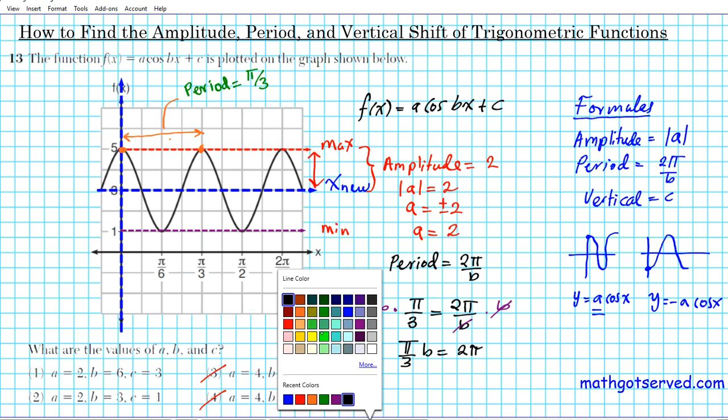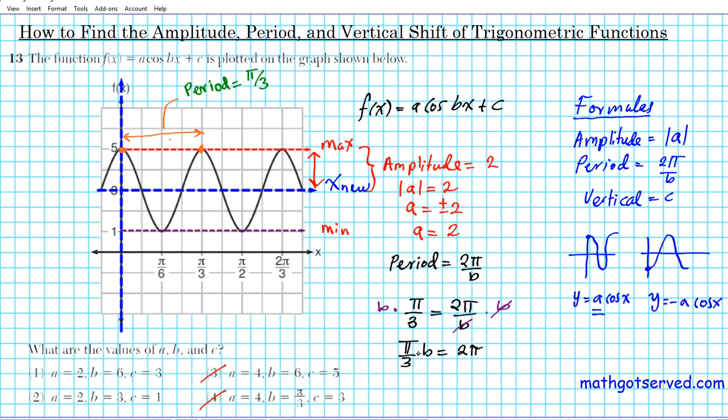To finish this off, we'll simply multiply both sides by the reciprocal of the coefficient of b. The reciprocal of pi over 3 is 3 over pi. You can divide both sides by pi over 3 also, but that looks weird and complicated, so I'll use the simpler option, which is to multiply by the reciprocal of the coefficient, an equivalent step to dividing by that coefficient.